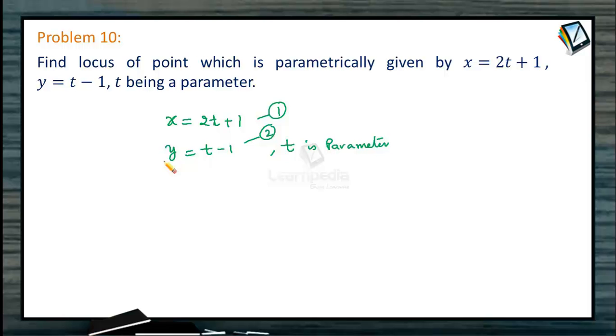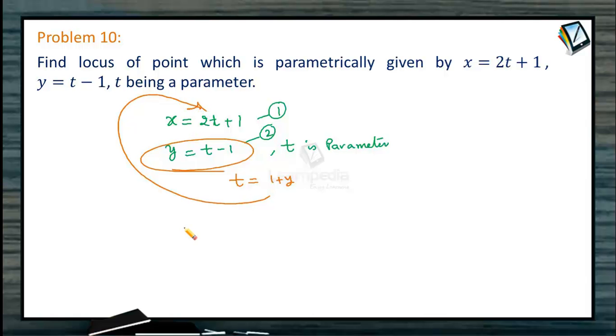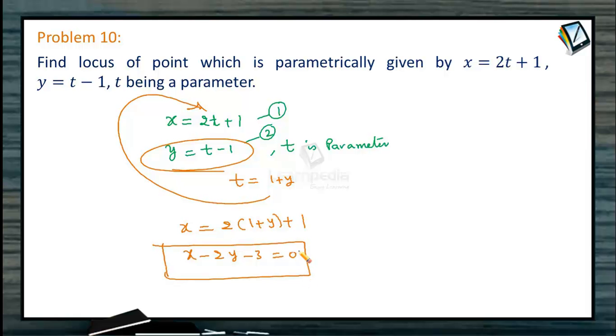From the second relation, we have t is equal to 1 plus y. And when we put this into the first, we have x is equal to 2 into (1 plus y) plus 1, or x minus 2y minus 3 is equal to 0 becomes the Cartesian equivalent equation of the locus of the point whose coordinates are parametrically given by these equations.